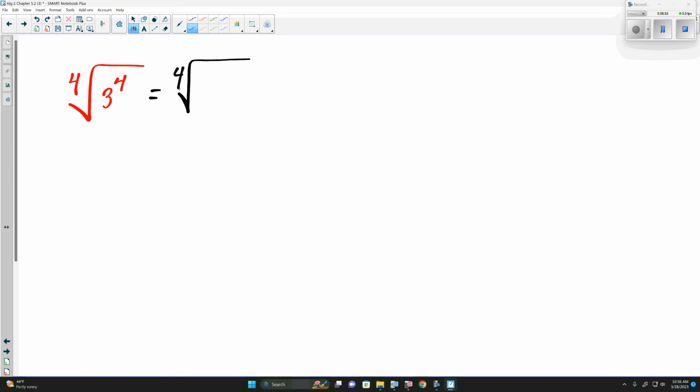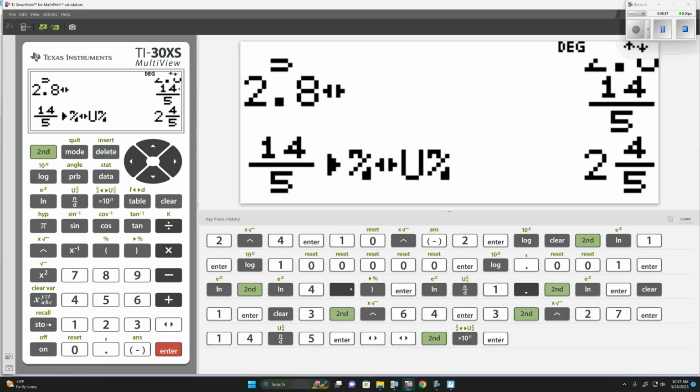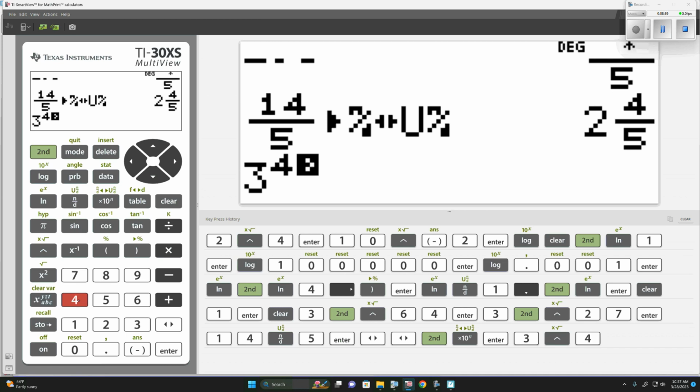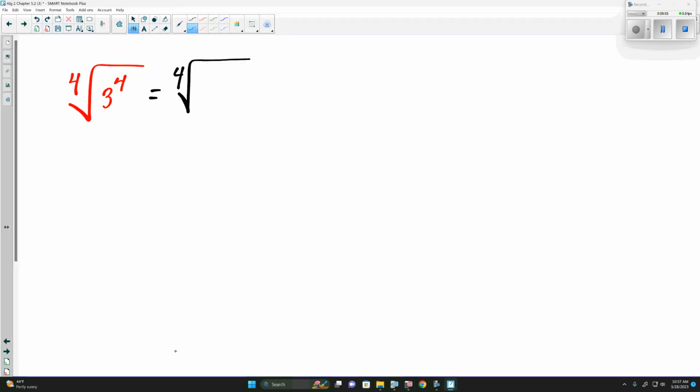The first thing we can do is figure out what 3 to the 4th is. We can do that in a calculator. 3 to the 4th is 81. And the 4th root of 81 is 3, because we know that the 4th root and 4th power simplify out.